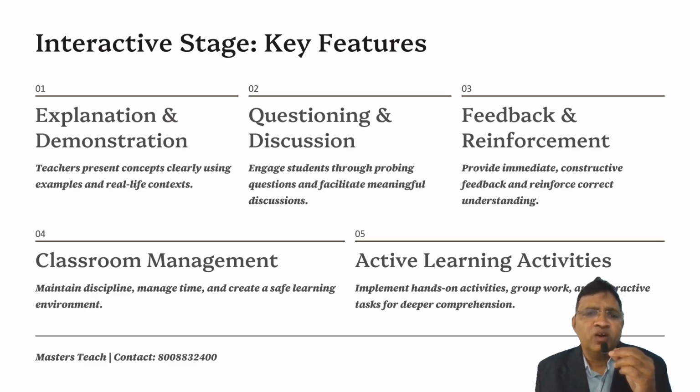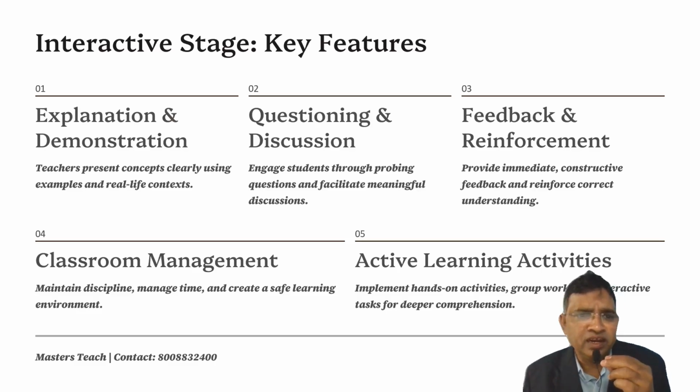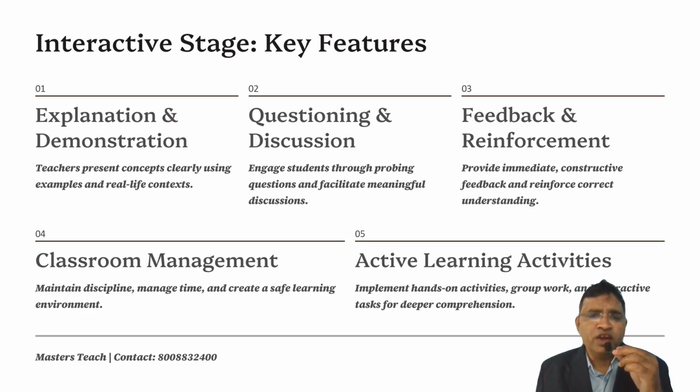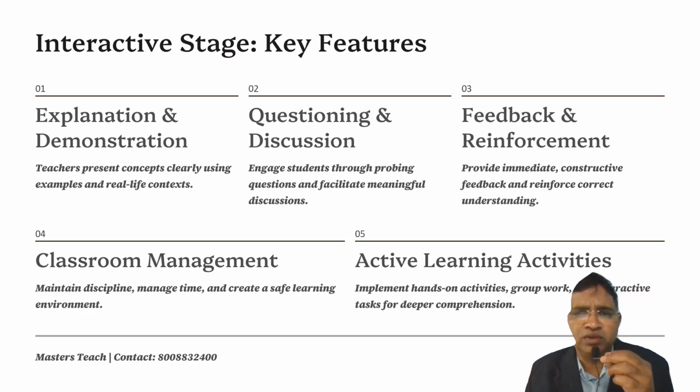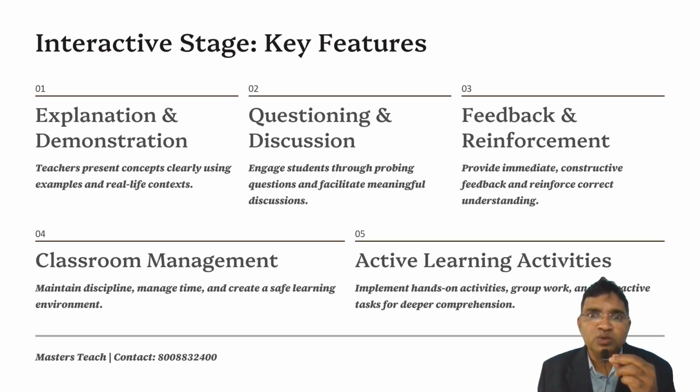Then what are the key features of the interactive stage? The teacher has to present the explanation clearly, and you have to take real-life examples; it should not be monotonous.